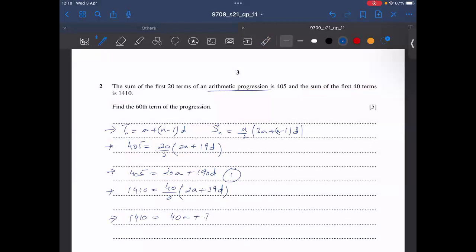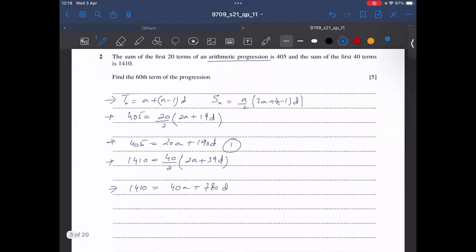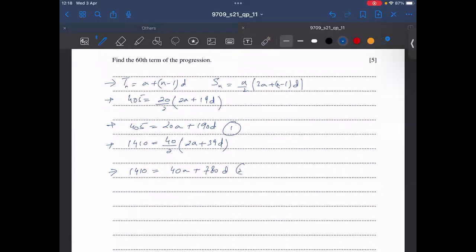It's 780. Is it so or not, Mr. Iman? You have to have a calculator with you as well. So 20 times 2 is 40 and 20 times 39 is 780d. Yeah. Now this is the second equation you have got in terms of a and d.